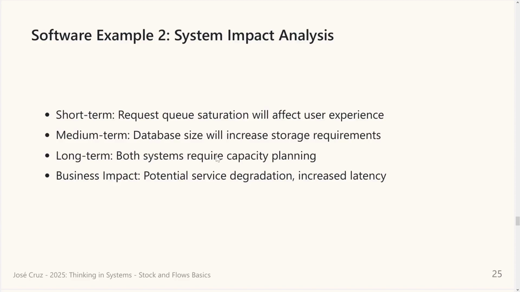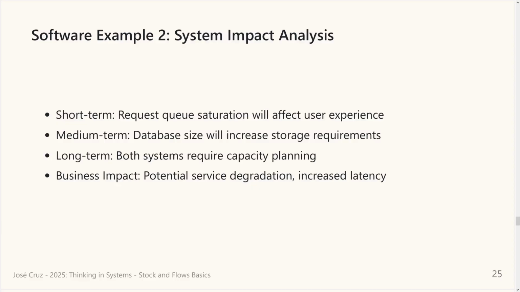System impacts, short-term: request and queue saturation will affect user experience. Of course, there will be no response on the web server. Database size will increase storage requirements, so it's medium term, because remember that the request queue will reach capacity before the database, so the database is not an issue.